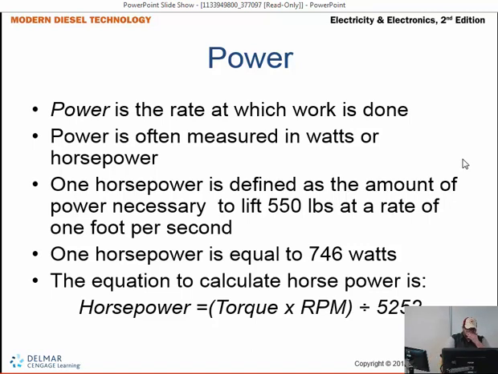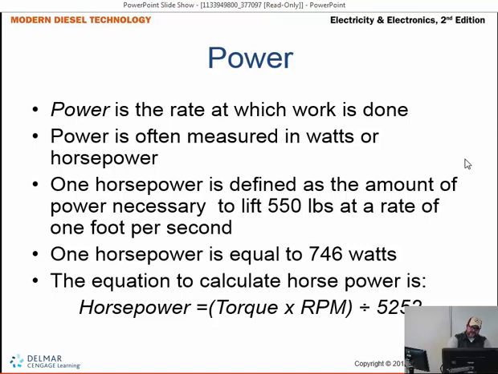Power is often measured in watts or horsepower. Horsepower is a crazy measurement. It's really a weird way to relate to a power measurement, but we'll talk about that. 1 horsepower is defined as the amount of power necessary to lift 550 pounds at the rate of 1 foot per second.